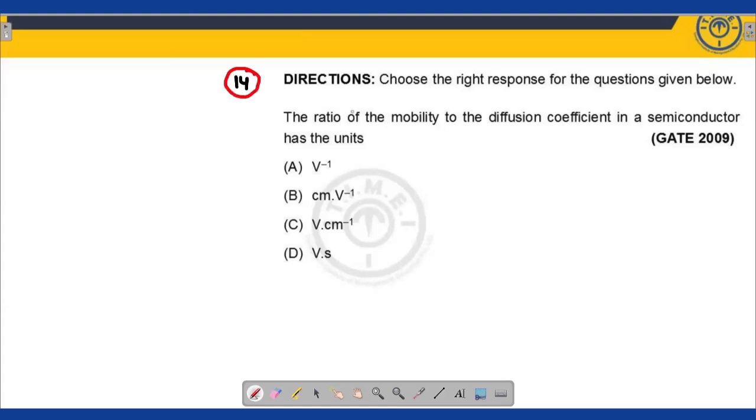But here one important thing I would like to bring to the notice of every student: at the time of the GATE examination, you can't derive each and every formula. Remembrance is very, very important, whether it is EDC or analog circuits or communications, whatever it may be.